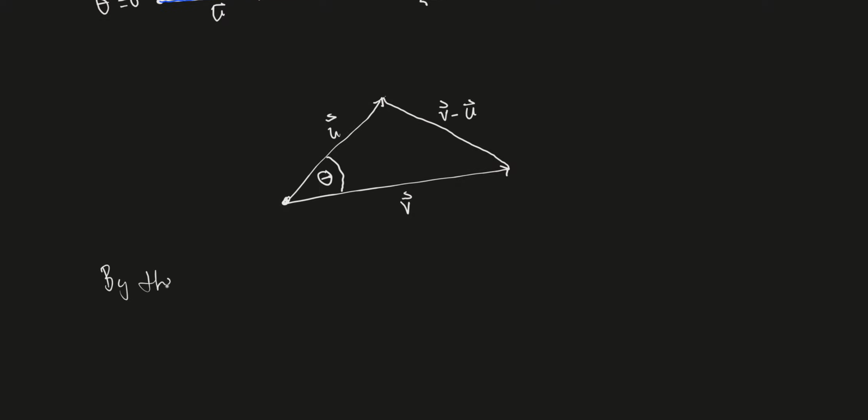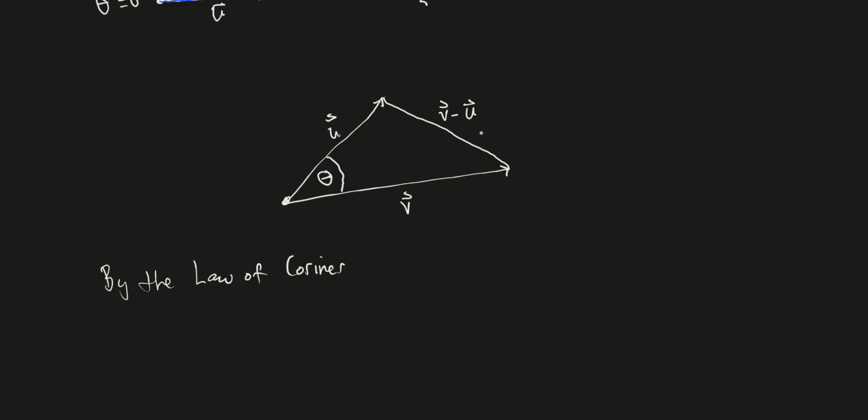By the law of cosines, now I don't know if it's something you've used quite a bit, but what it does is it relates these two sides and the angle subtended between them with the length of this opposite side here.